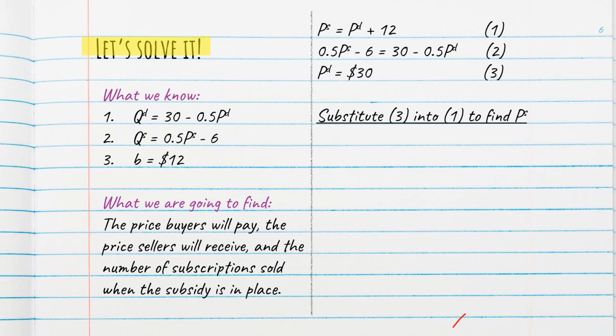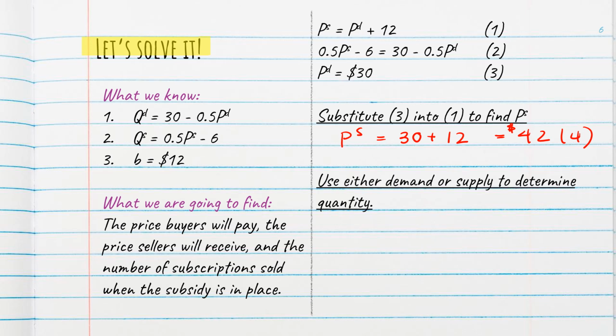So the price that sellers receive, PS, is equal to the price that buyers pay, 30, plus the subsidy, which is 12. 30 plus 12 is, of course, equal to 42. We can call this equation 4. We're almost done. We know the price that buyers pay and the price that sellers receive. Just take a look at it and notice that because of the subsidization, buyers pay less than what sellers actually receive.